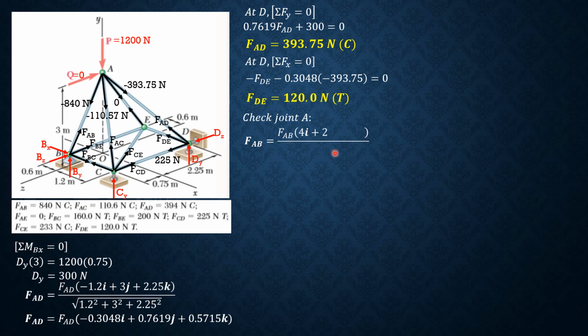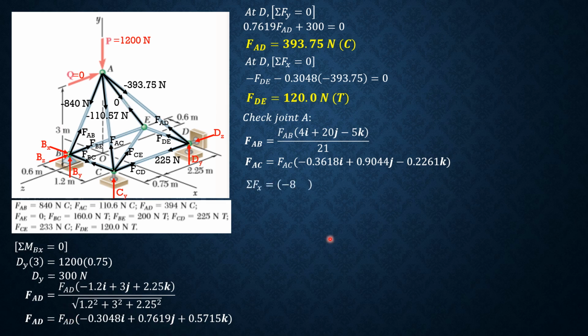So this was the expression for FAB. Then FAC is this FAC quantity, negative 0.3618i plus 0.9044j minus 0.2261k. Then FAD, of course, is this one.